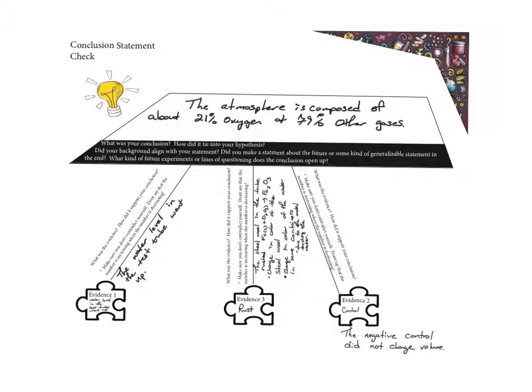You can discuss how the volume of the test tube changed over time. You can talk about how much it changed over time. You can talk about the fact that the line was starting to flatten out. You can talk about how you calculated the volume change.